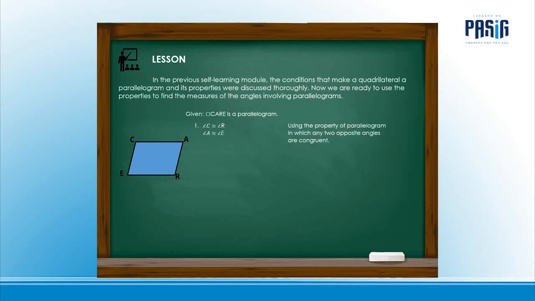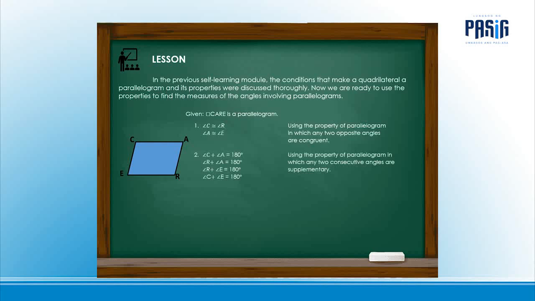In the given figure, quadrilateral CARE is a parallelogram. If CARE is a parallelogram, then angle C is congruent to angle R. Also, angle A is congruent to angle E, using the property of parallelogram in which any 2 opposite angles are congruent.